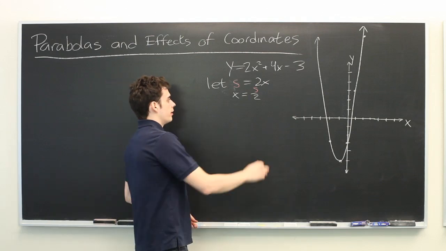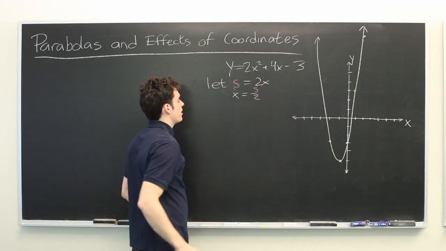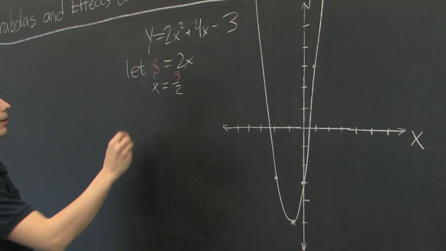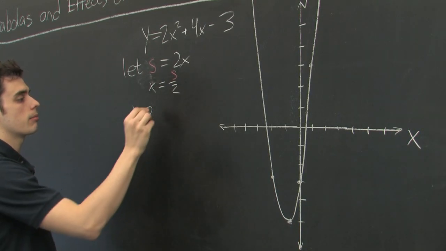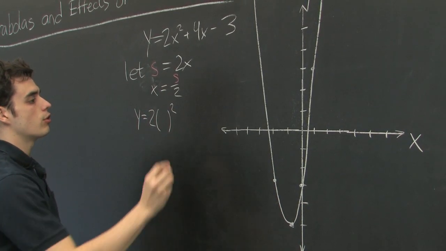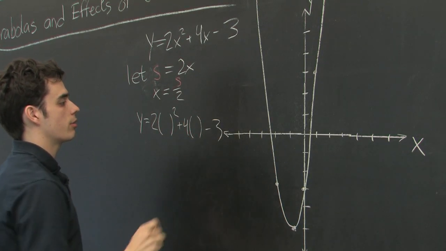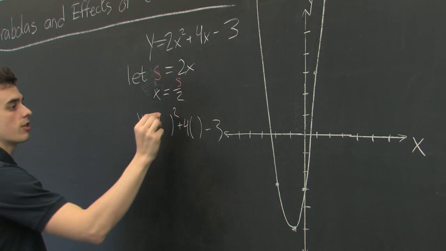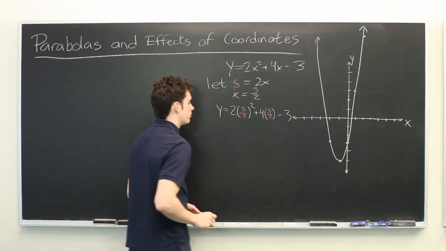Okay, let's try substituting s over 2 into this equation for every instance of x and see what happens. Y equals 2 times something squared plus 4 times something minus 3, where those somethings are s over 2.